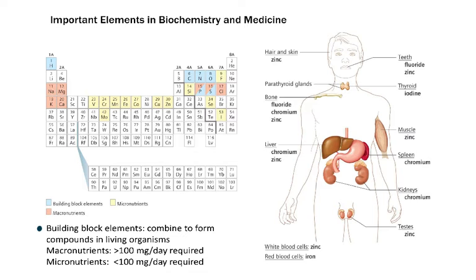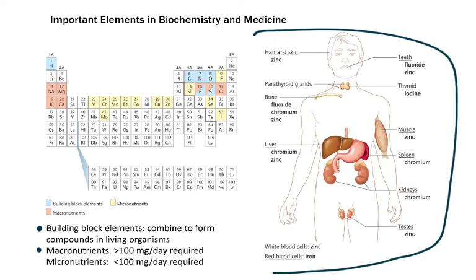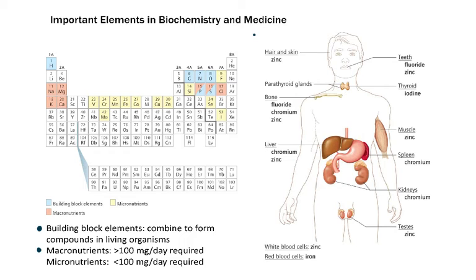Next are nutrients. So these are required for functioning, and you can see here in the figure where they appear in different structures and organs in our body. So macronutrients in orange here are required at greater than 100 milligrams a day. So these would come through your diet.